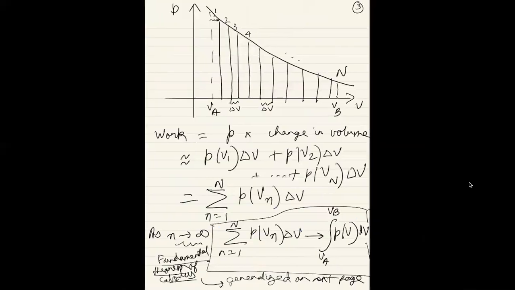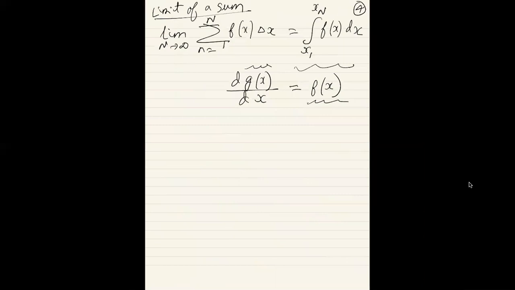Here we used a generic property. So here, this is an example of a definite integral, where we use the integral from x1 to x2 of f of x dx.